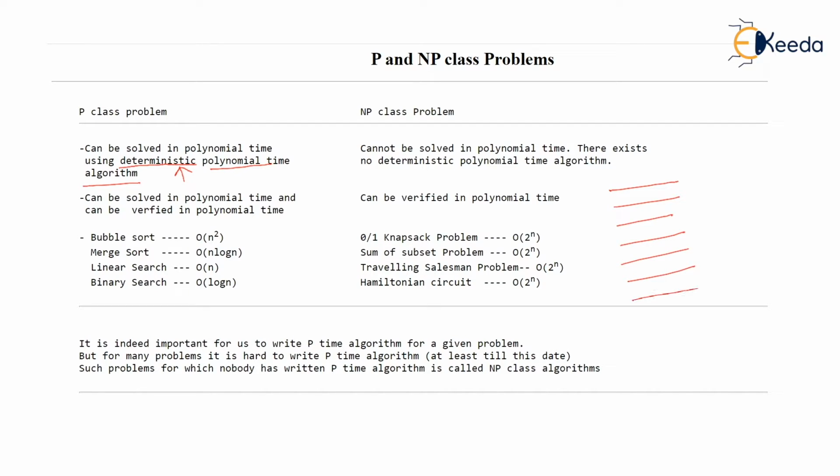And each and every statement in this algorithm does something meaningful, or each and every statement in this algorithm can be implemented on your modern computer in the form of a C program, then we say each and every statement is deterministic.